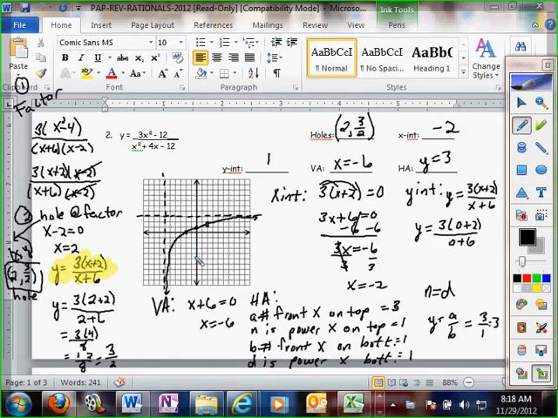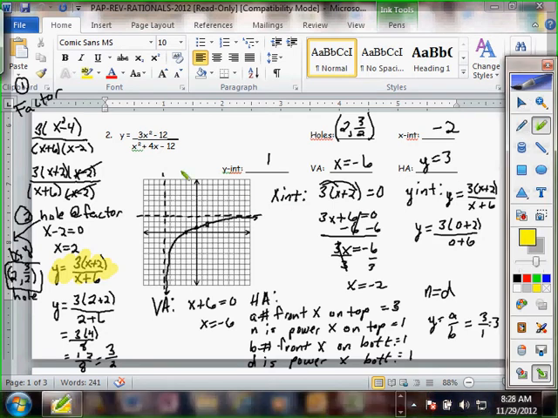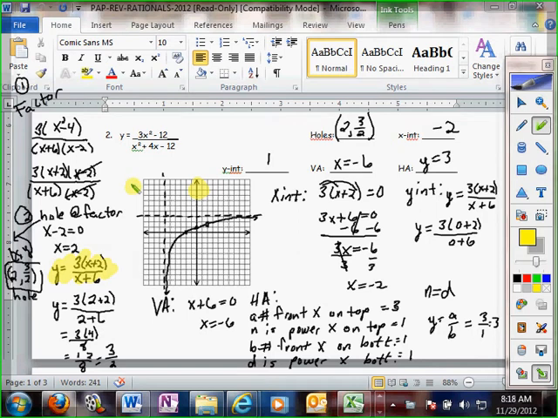These rational functions, most of them have been having some type of symmetry. Let's say if you have two asymptotes, a vertical and a horizontal, you have basically 4 quadrants. You have this quadrant, this quadrant, this quadrant, and this quadrant, separated by these 2 lines.